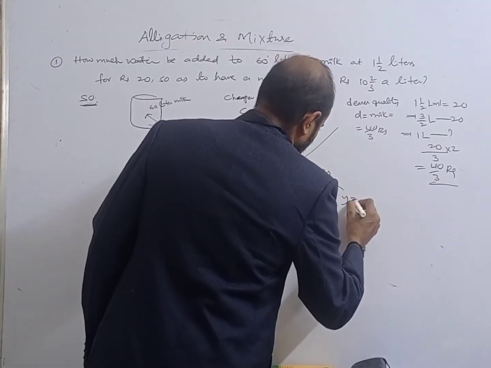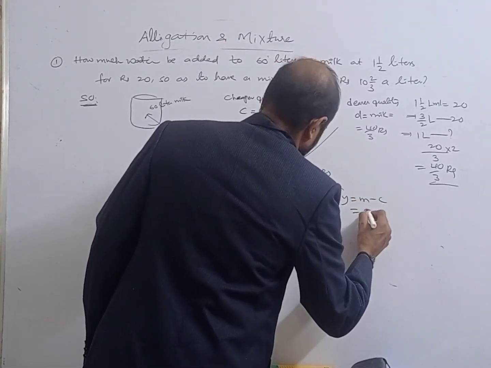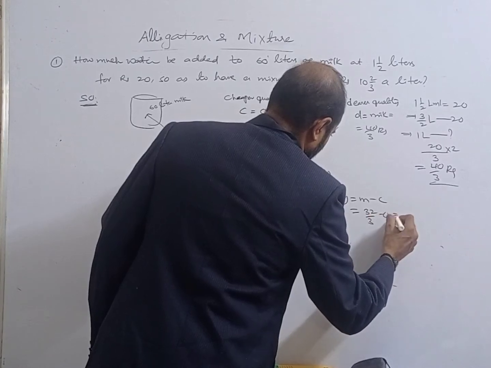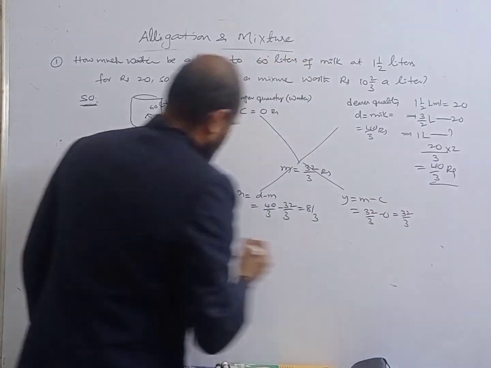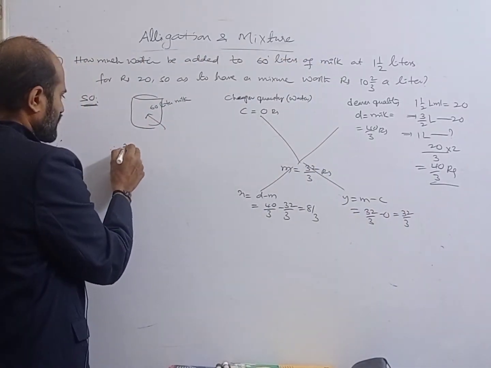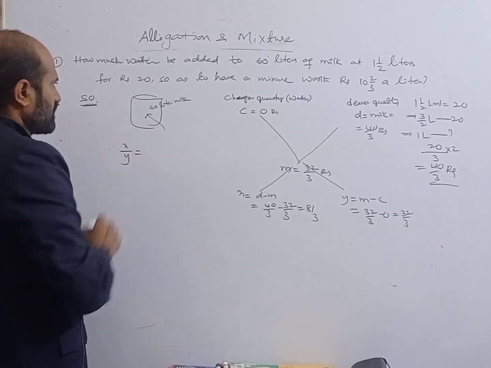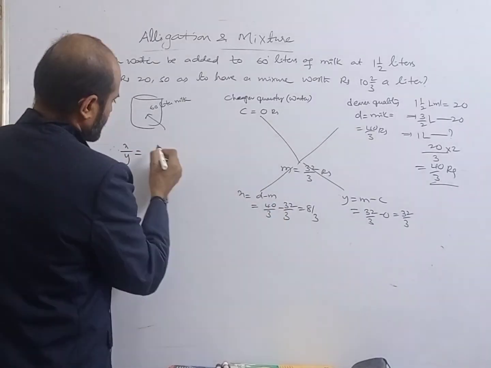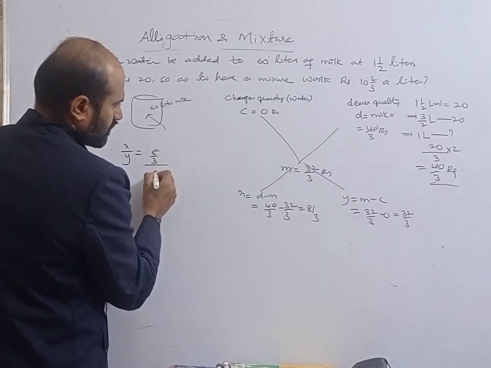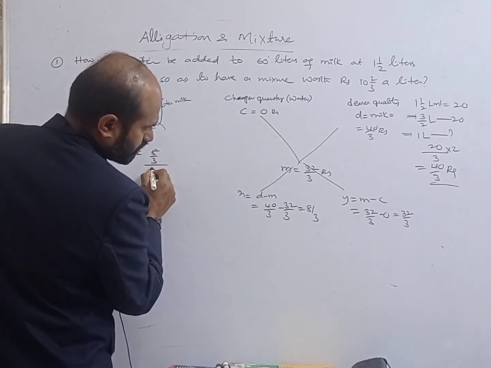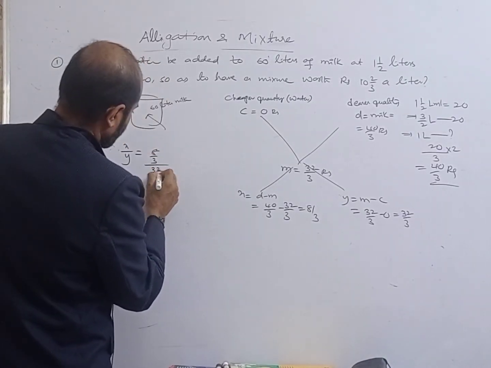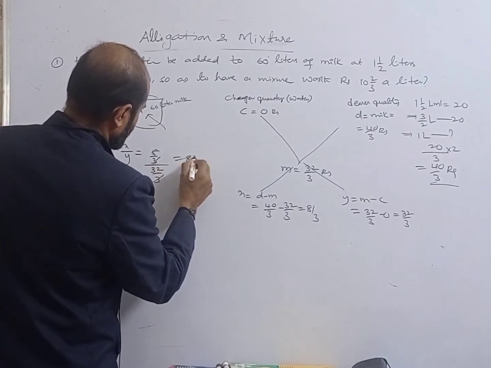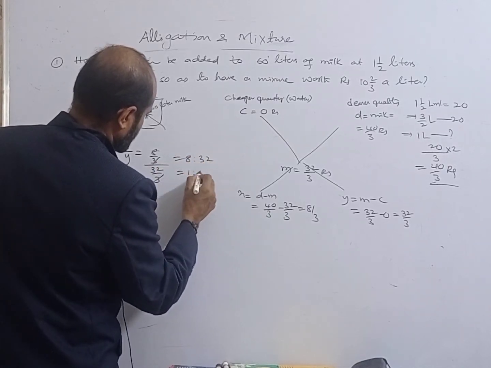Next, y equals m minus c, that is 32 by 3 minus 0, which is 32 by 3. Now I want the ratio of the two quantities, x by y, the water quantity. So x by y equals 8 by 3 divided by 32 by 3, which is 8 is to 32, that equals 1 is to 4.